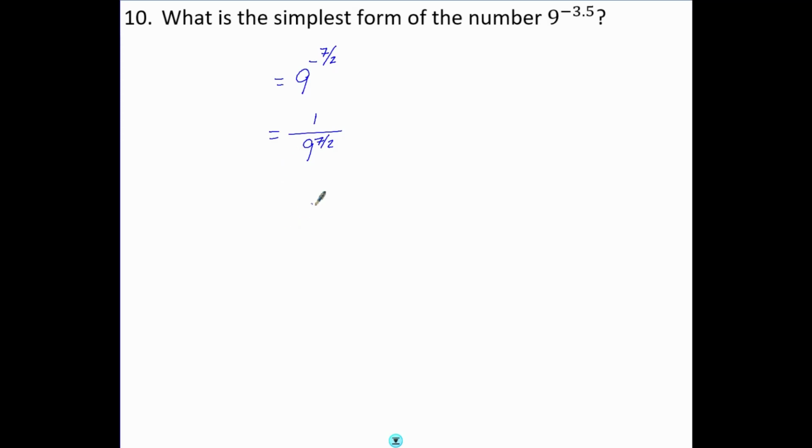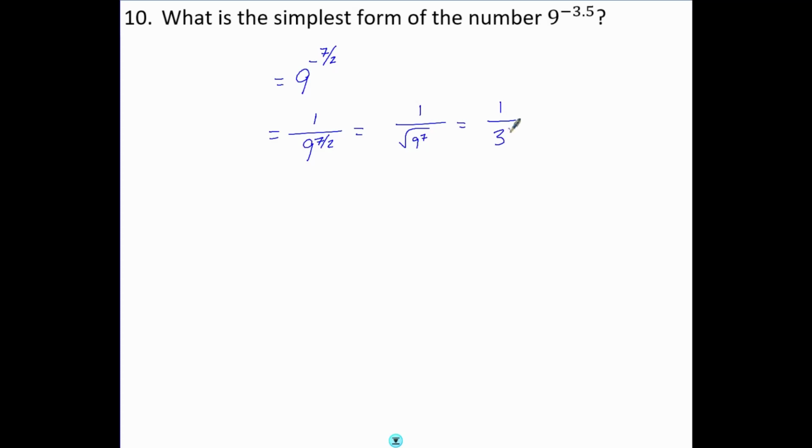Now let's take a look at this. We could write this in radical form. So this is going to be 1 over the square root of 9 to the 7th power. What's neat about this is we can calculate the square root of 9 first. So let's go ahead and do that. I have 1 over, well, the square root of 9 is going to be 3.